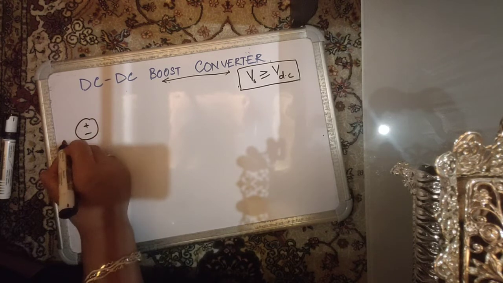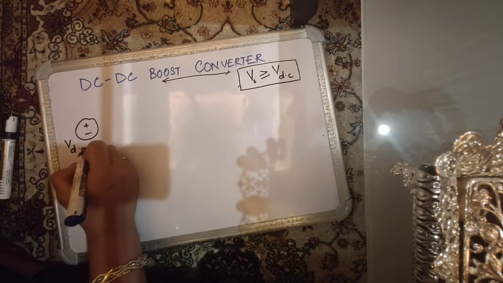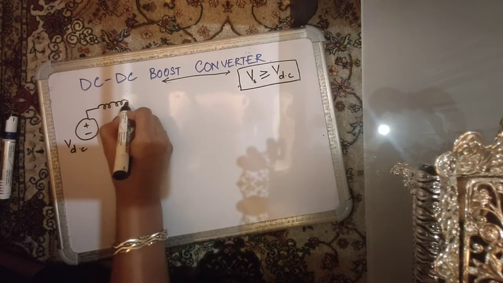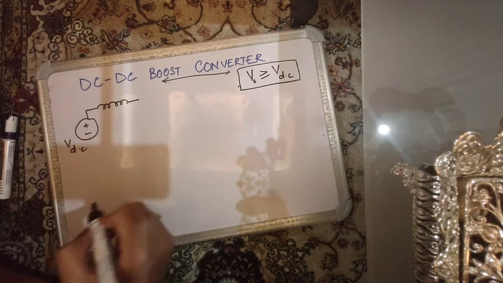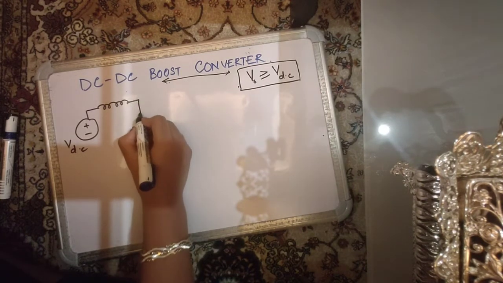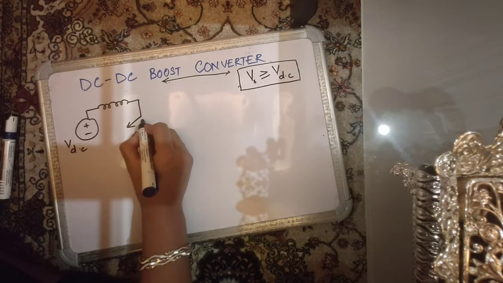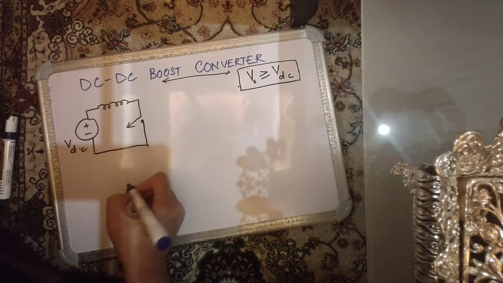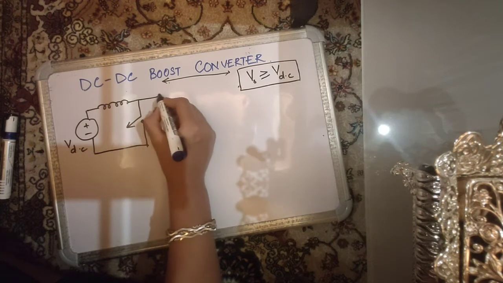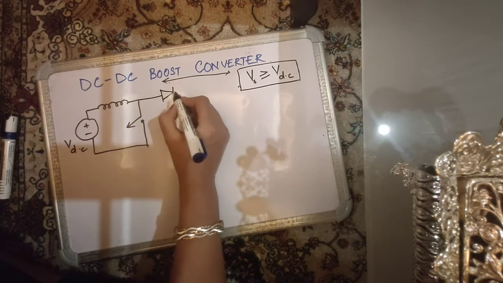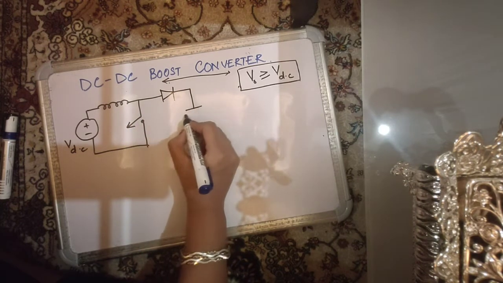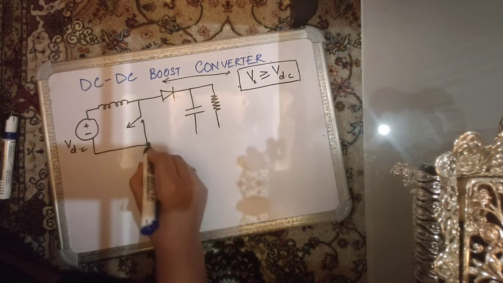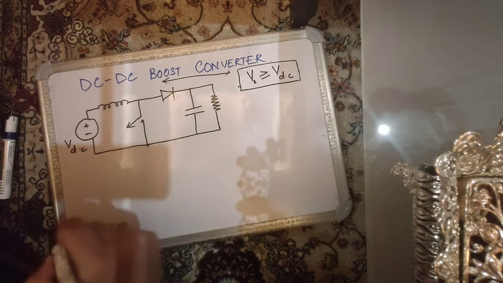You have an input voltage VDC, and you have an inductance, often known as a boost inductance, in series with the source. You have a fully controlled device connected across this combination, and then you have a fast recovery diode in series, and a capacitance across the load, and this is how your circuit gets completed.